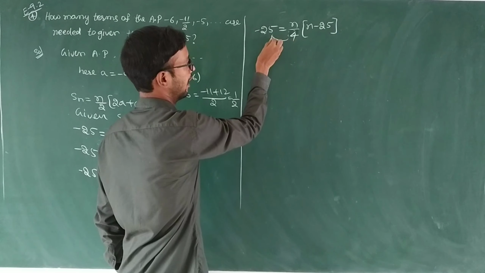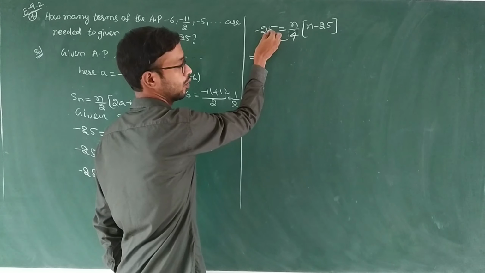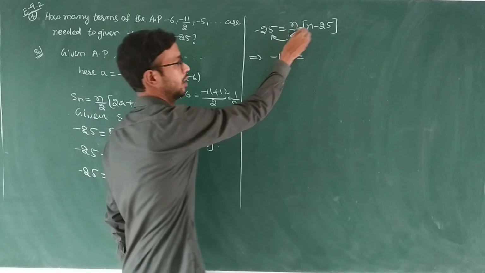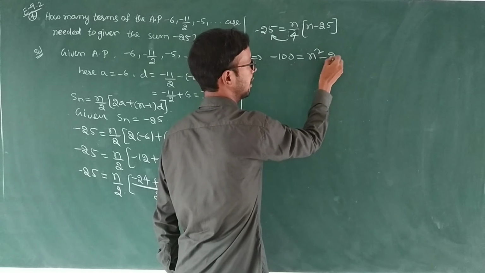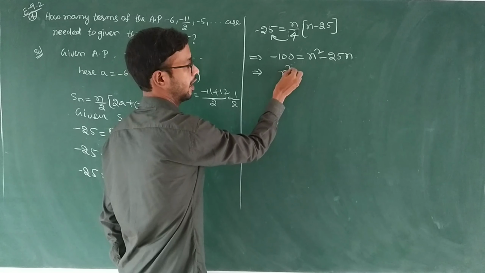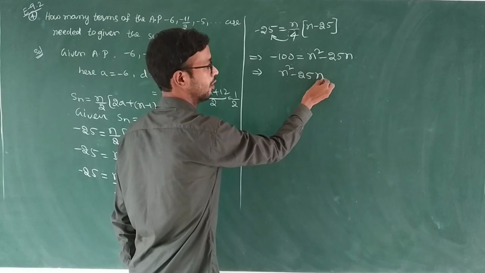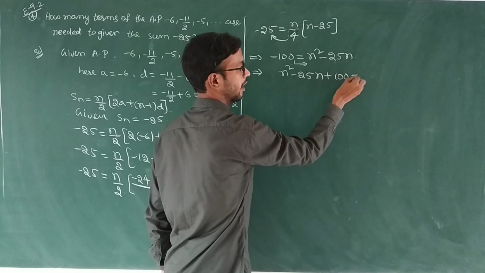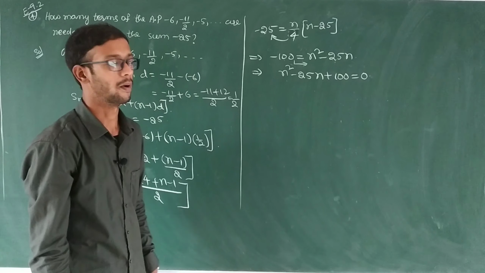If you send it to the left side, 4 into 25 is minus 100, you will get n square minus 25n. Negative will become positive if you send it to the right side.